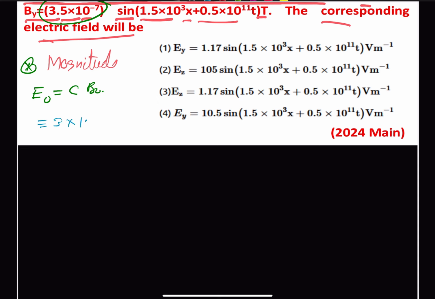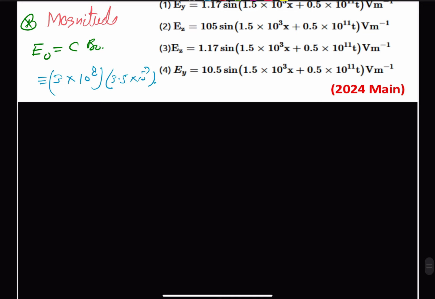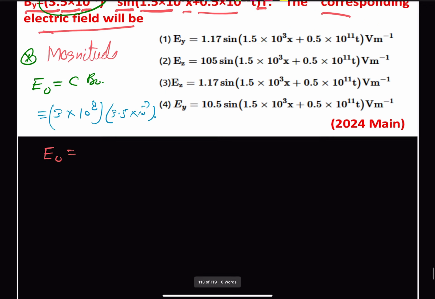So we get 3 into 10 to the power 8 multiplied by 3.5 into 10 to the power minus 7. So we get our E naught equal to 105 volt per meter.